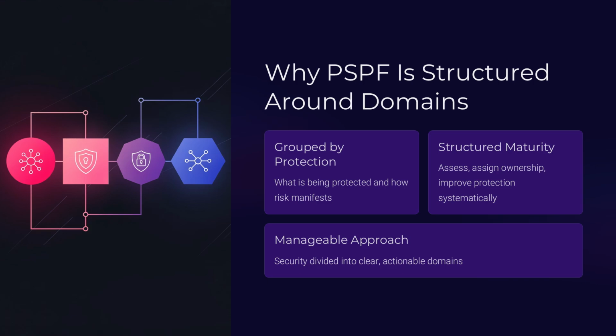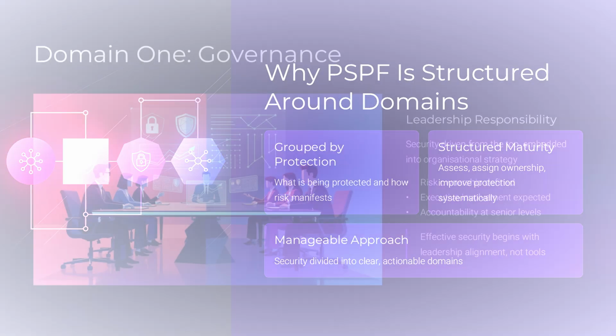They target people, places, information, and governance weaknesses. Each domain addresses a different aspect of that reality. By separating security into domains, PSPF allows organizations to assess maturity, assign ownership, and improve protection in a structured way without treating security as one large unmanageable problem.